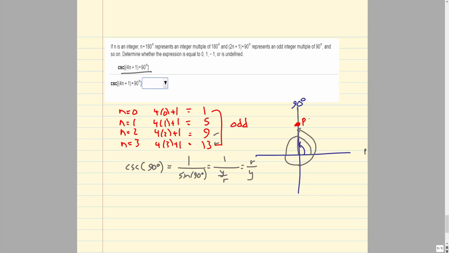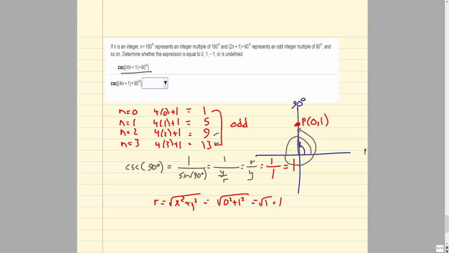I'm going to call this an exaggerated point of 0, 1, just because they're smaller numbers, easier to work with. So my y value here is 1, and my r value then would be the square root of x squared plus y squared. 0 squared plus 1 squared. Square root of 1 is 1. So 1 over 1 is 1. So the cosecant of 90 degrees is 1.